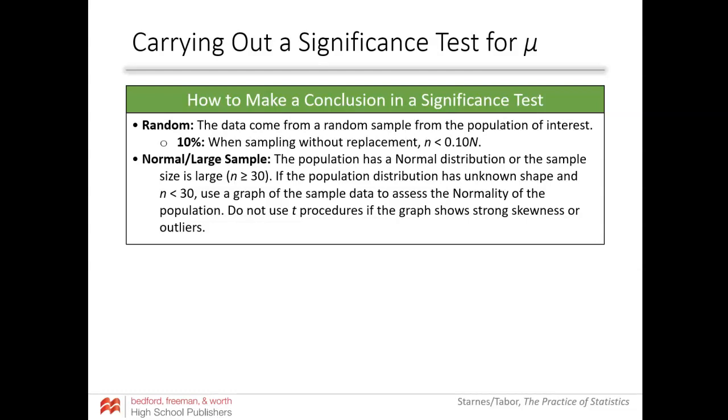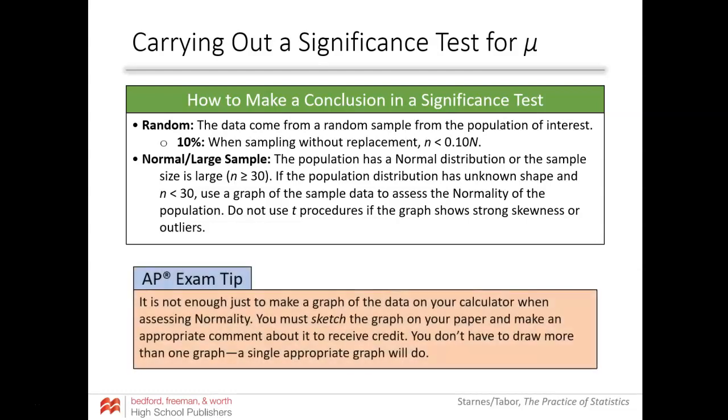So then what do we do? Well, we need to look at the data that we do have and determine whether we can assess normality that way. We're just looking for the absence of skewness and crazy outliers. If that occurs, then we can go ahead and use T procedures. But if you do see strong skewness or outliers, then we cannot use T procedures.